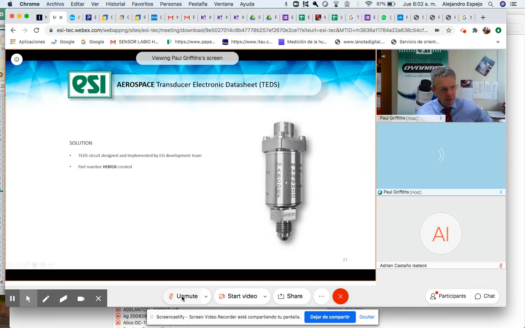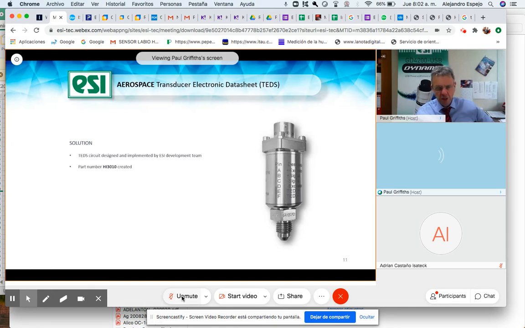But inside, it has this EEPROM. So you can see the connection details are printed on the side. These are laser marked, and you can see that it's 6 pins. So pin E and pin F are the TEDS communication. One is TEDS in, one is TEDS out.